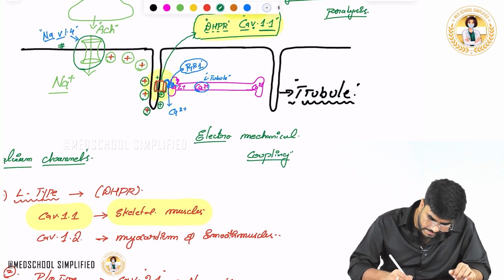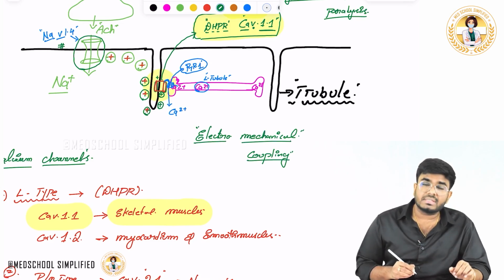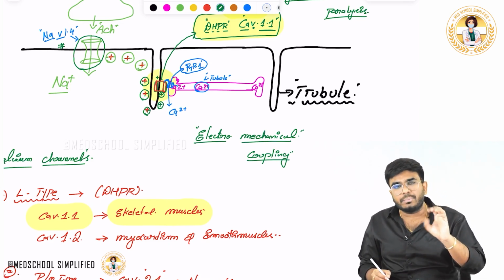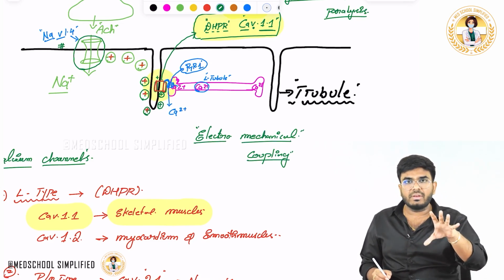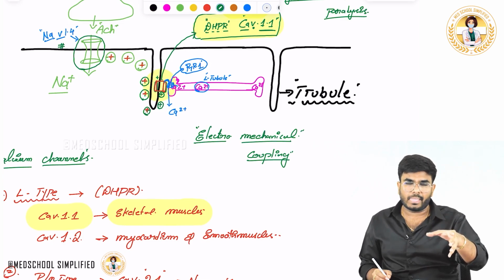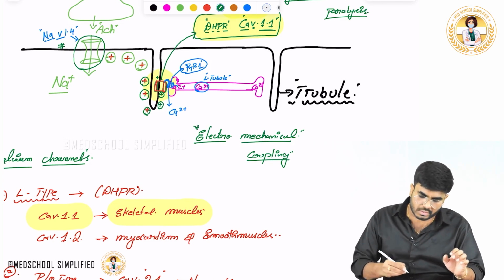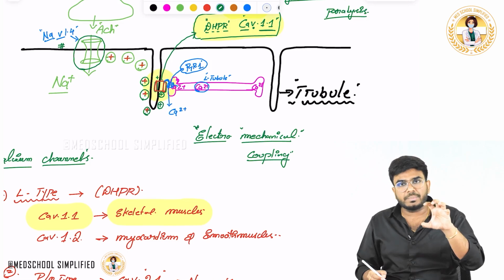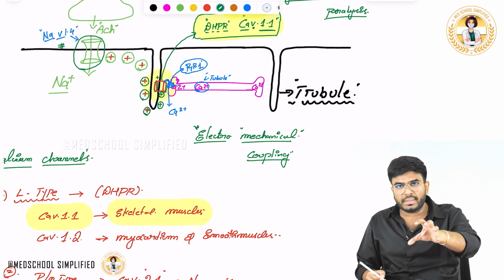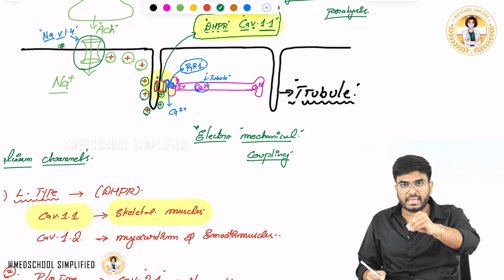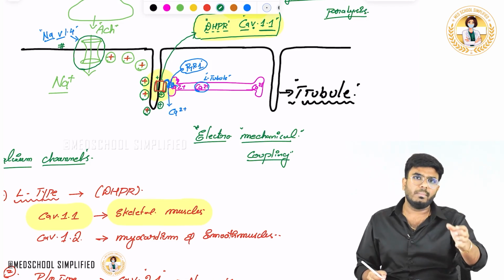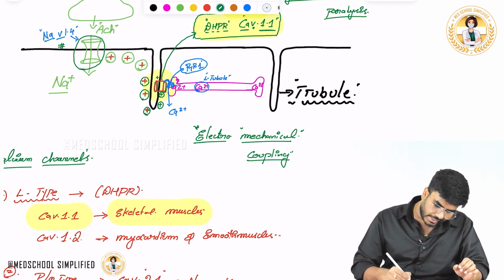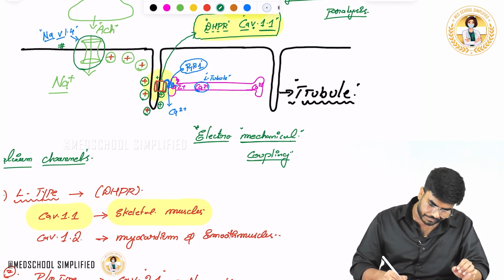So what exactly is this electromechanical coupling? When the muscle membrane is getting electrically depolarized, that is the first event, electro. What does mechanical mean? The DHPR channel will now go and open the RYR channel mechanically, so that calcium will be available for muscle contraction. So this event is called electromechanical coupling.